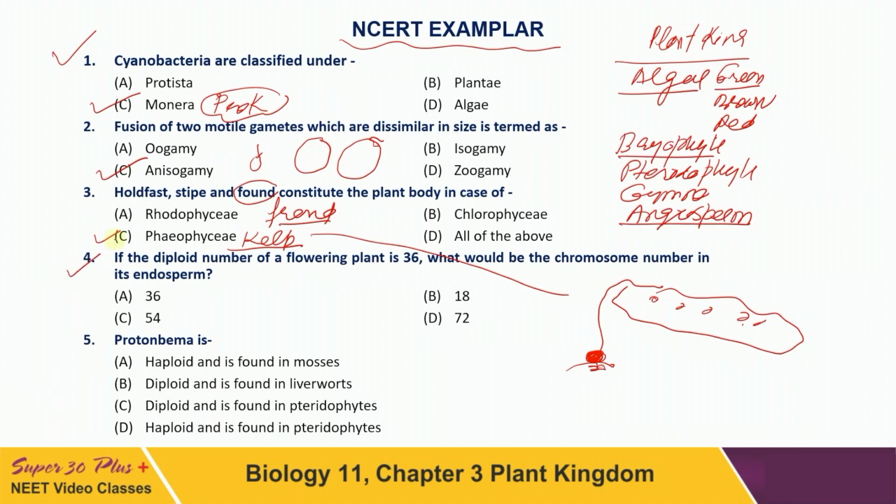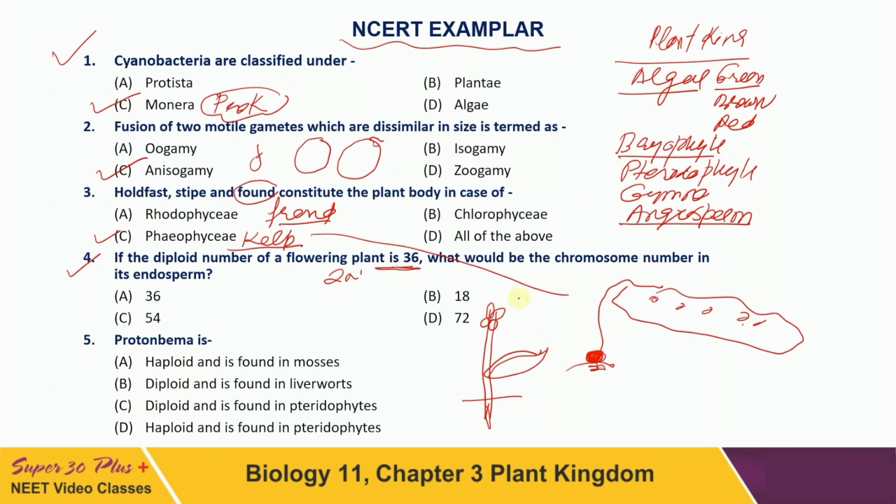Come to this point: the diploid number of the flowering plant is 36. 2n number of chromosomes is 36. What is the number of chromosomes in the endosperm? Very good question this is. Children, you have to see, this is the body of the angiospermic plant: root, stem, leaves, and this is the flower.